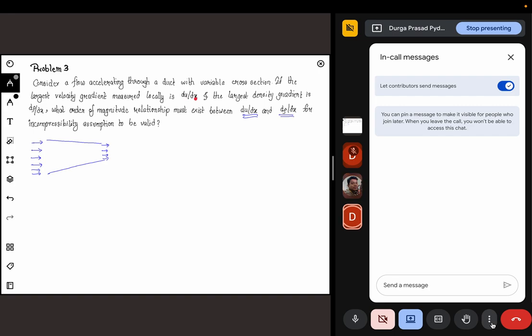Yes, that's why we have du dx. So if this is the x direction, your velocity keeps changing along the x direction. So how do you approach this problem? So what is the governing equation that we'll use here?